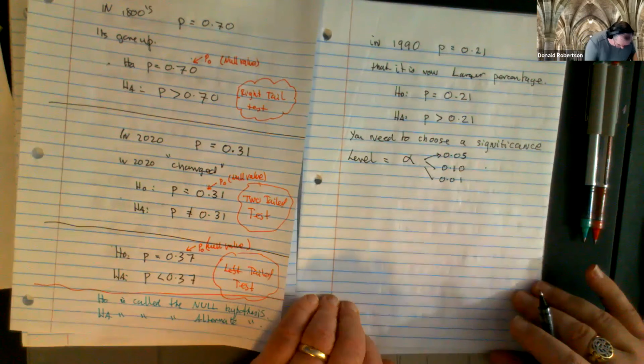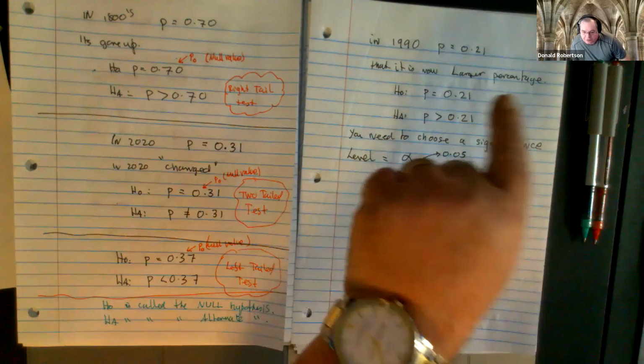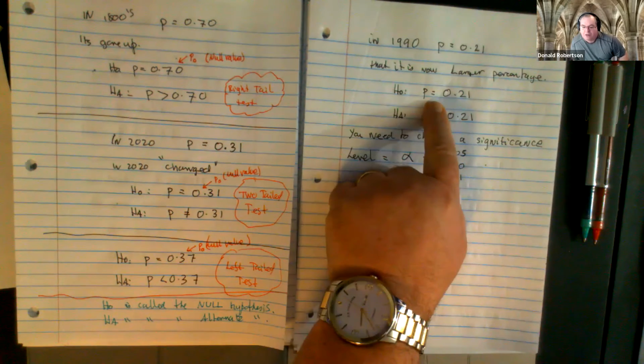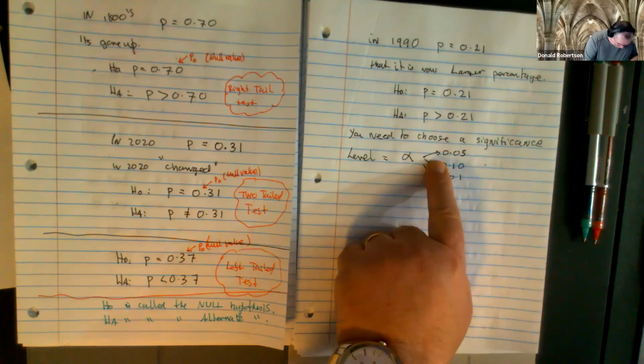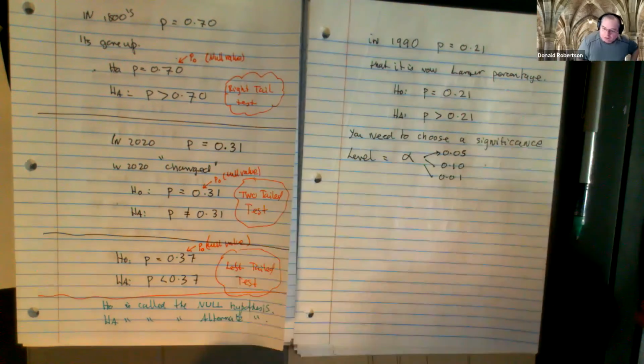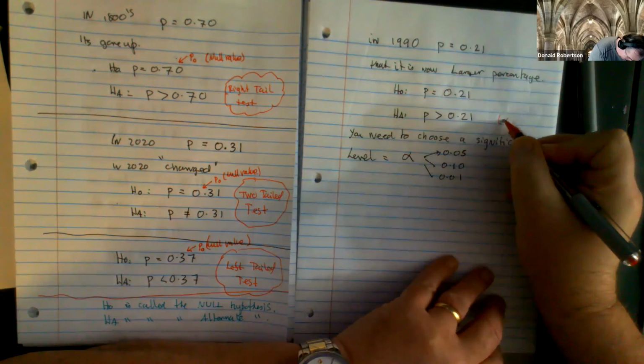And in every hypothesis test, once you've decided what the hypotheses are, you should then move on right at this point and choose that. So how do they pick it? It's a judgment call. I'm going to pick that one.